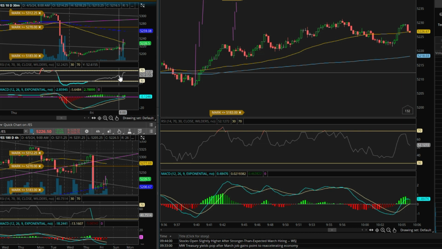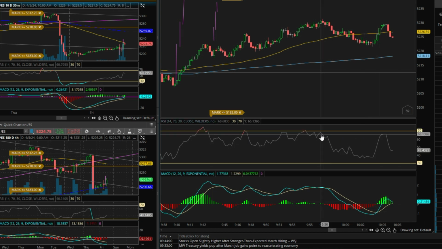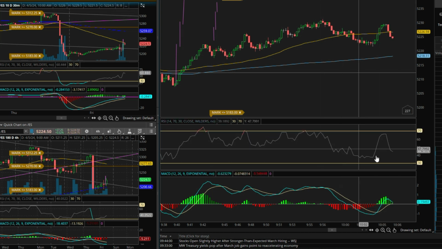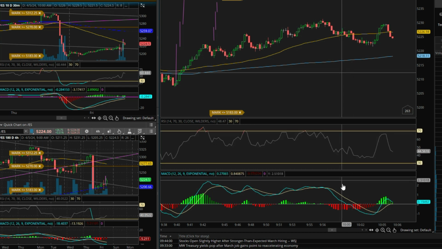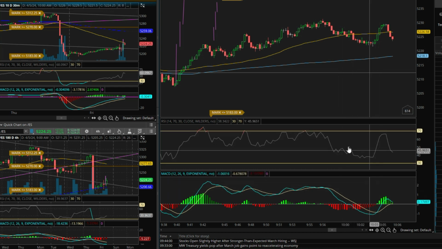So when we started the day this morning, it was right where it should be. It's right in the middle. It's an average. It's neither high nor low. So, the RSI I actually use sometimes, but it's not as effective as the MACD to me. The other thing that I use with the RSI is, what's it called?